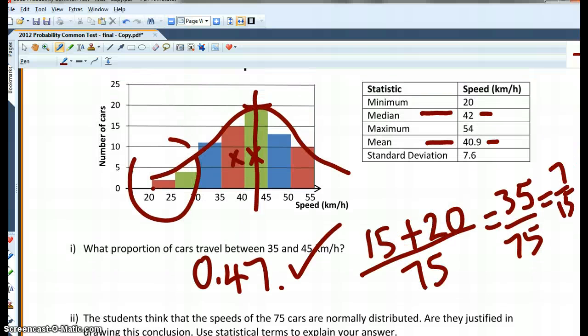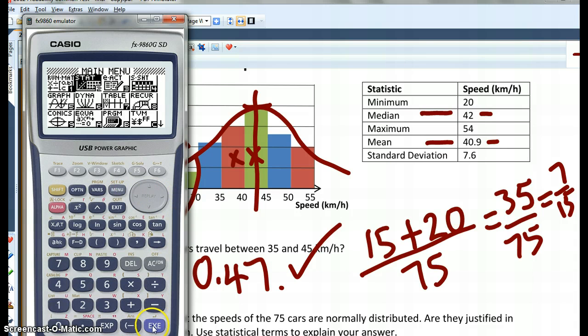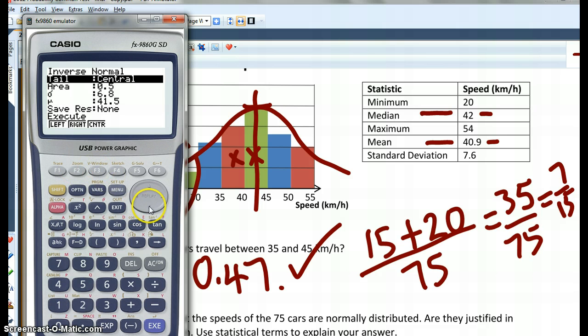So let's have a look at how we would work that out on our calculator. We go into stats, because you're going to have to do some calculations to get the merit. Go to distribution and normal distribution, inverse normal, central, and put your 99%, your standard deviation is 7.6, and your mean is 40.9.